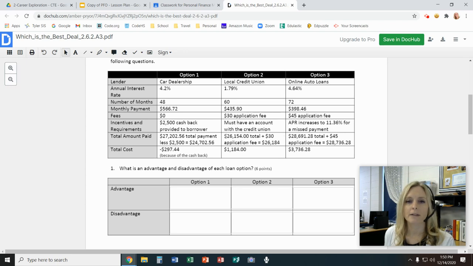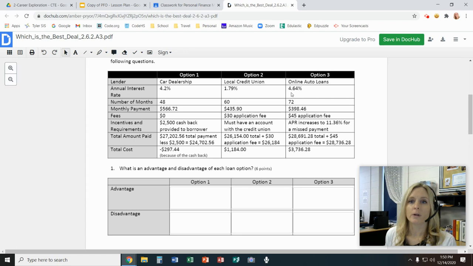Total amount paid is $26,154. That's the price of the vehicle plus interest, plus the $30 application fee. And so the total cost, the amount that he would pay in total interest and fees, would be $1,184.